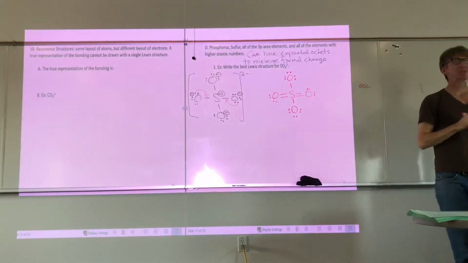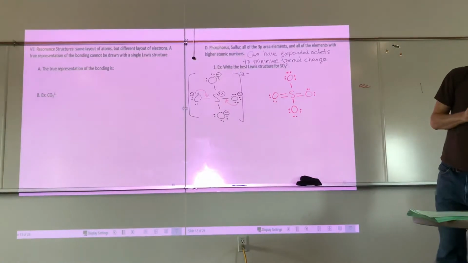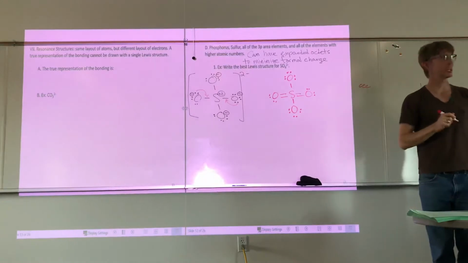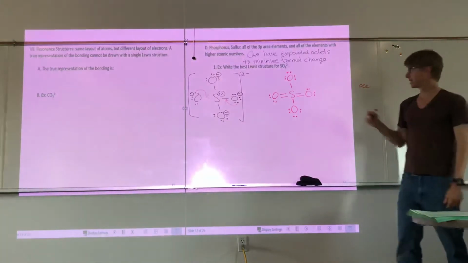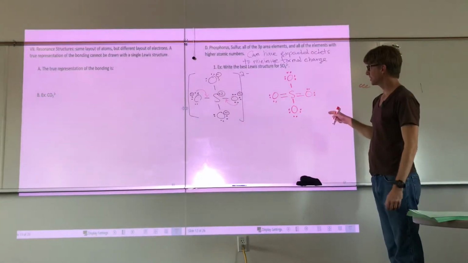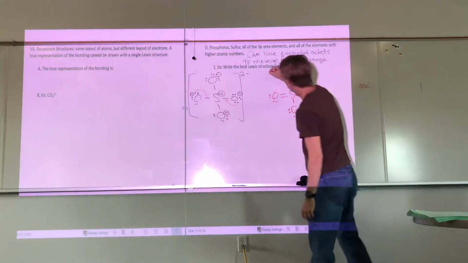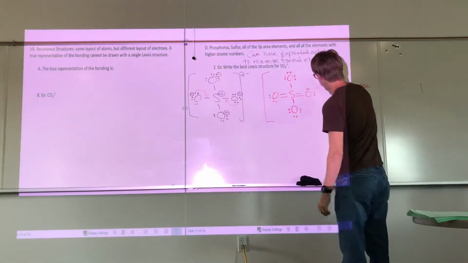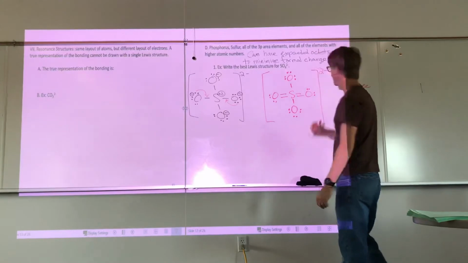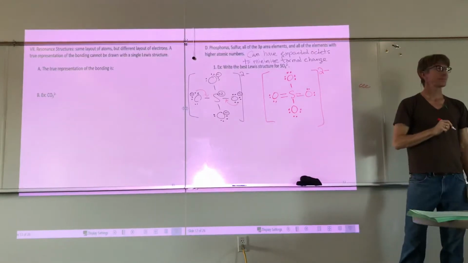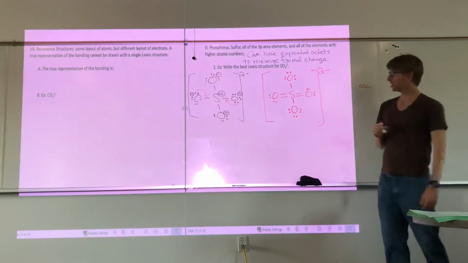And I'll jump in here with the fact that Lewis structures always show all electrons. And this is all of the electrons here. I tend to put brackets around them oftentimes. And now I do a formal charge analysis.